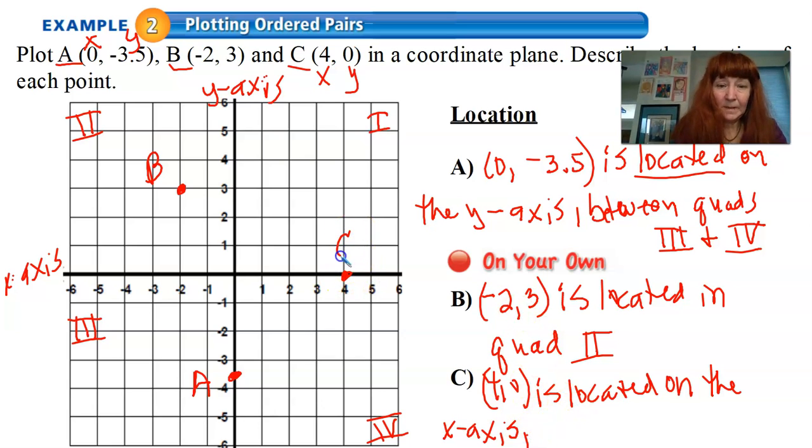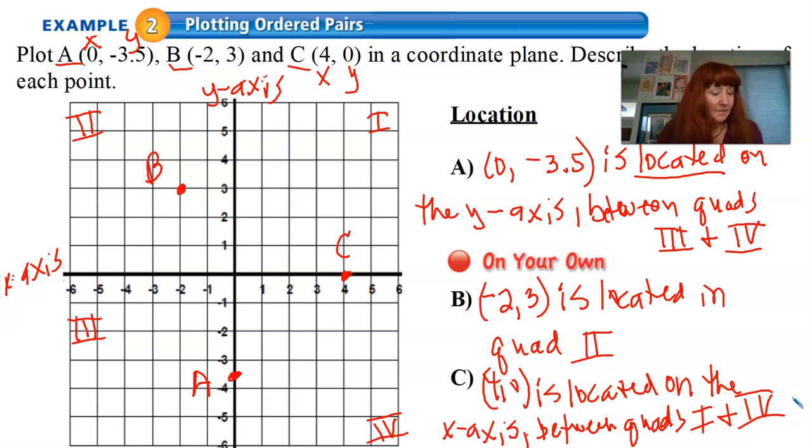Whoops, I forgot to put my capital C. It's right there between quadrants 1 and 4. Between quads 1 and 4. Okay, that's it for the lesson.